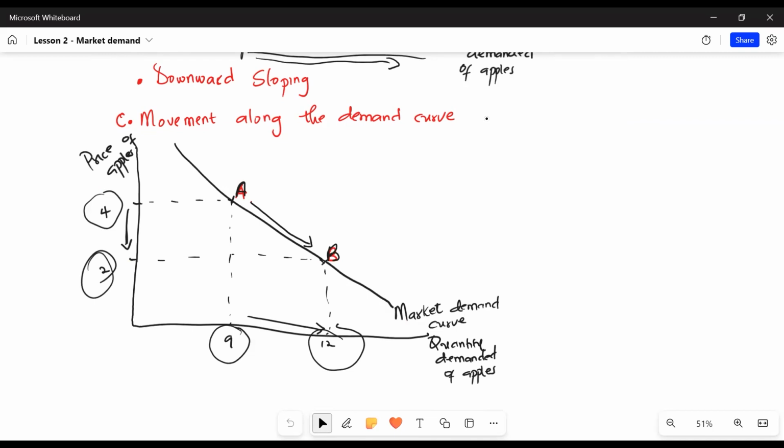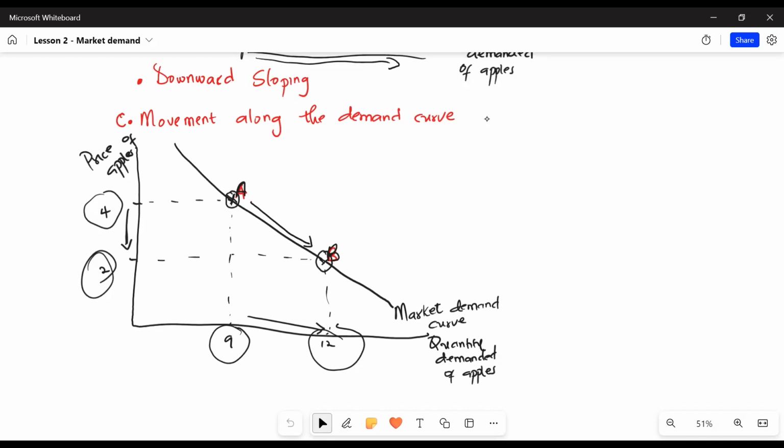This simply means that the demand curve itself does not shift, but the quantity demand increases, moving us from a point on this demand curve to another point on this demand curve. The only thing that causes a movement along the demand curve is when the price of the good changes.